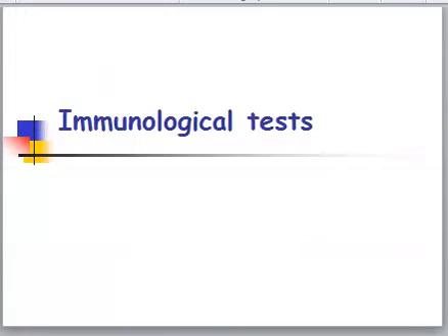And we are going to see the immunological tests. The presence of human chorionic gonadotropin is also determined using immunological techniques. The immunological tests are based on the antigen-antibody reaction. A commonly performed immunological test is the Gravindex test.